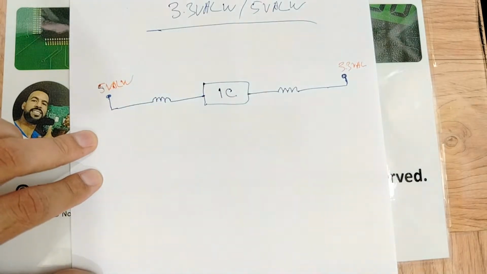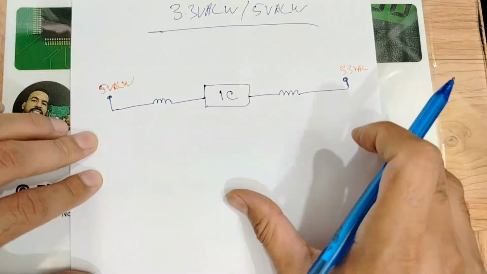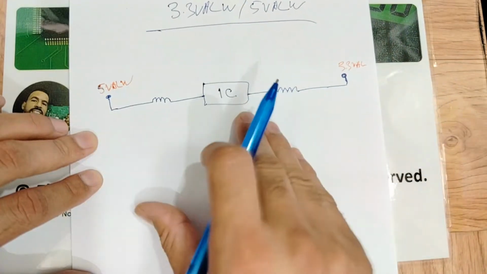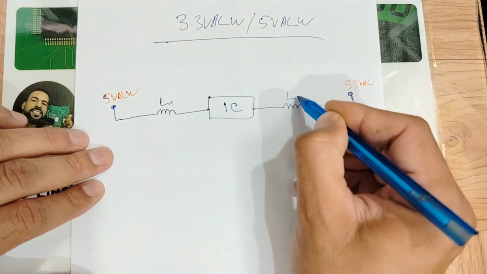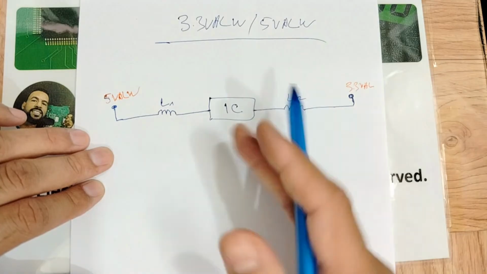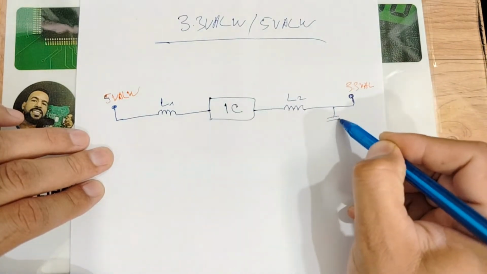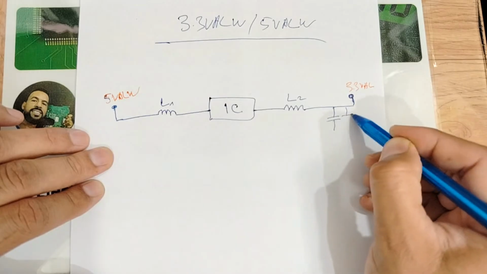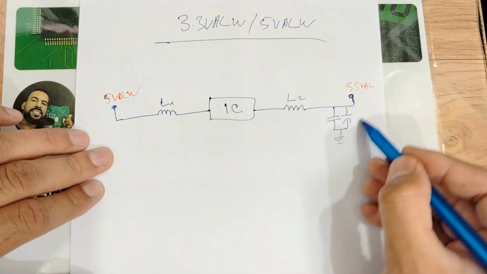Okay. So guys, if you want to understand the 3-volt, 5-volt circuit troubleshooting, we have inductors here, let's see L1, L2, and after that, of course, let's deal first with the output. In the output, you can find a ceramic capacitor and an electrolytic capacitor connected to the ground here. This is for filtering.